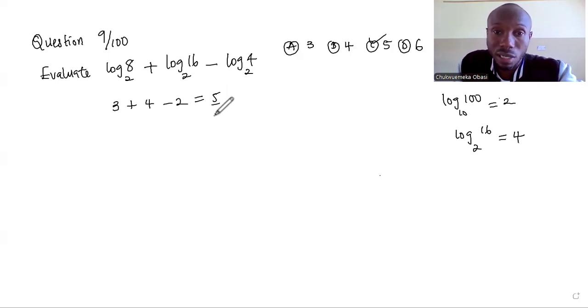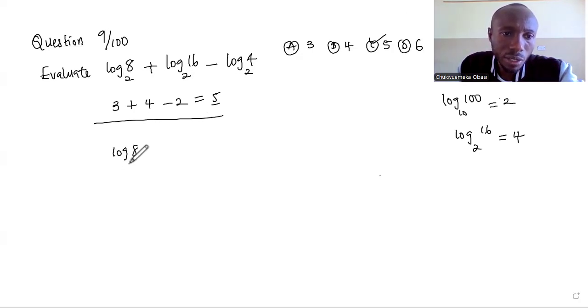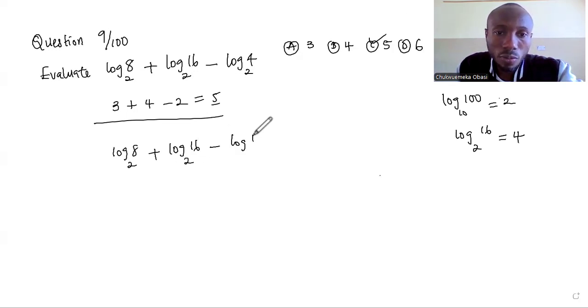Let's solve it with another method. Look at this, guys. We have log 8 base 2 plus log 16 base 2 minus log 4 base 2. All of these numbers can be expressed as powers of 2: 8, 16, and 4.